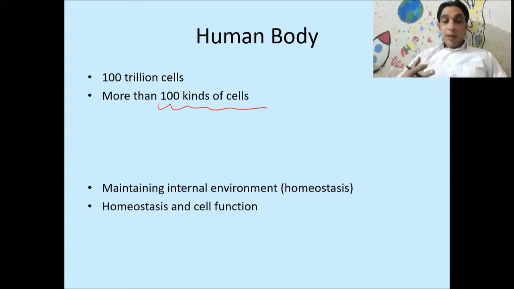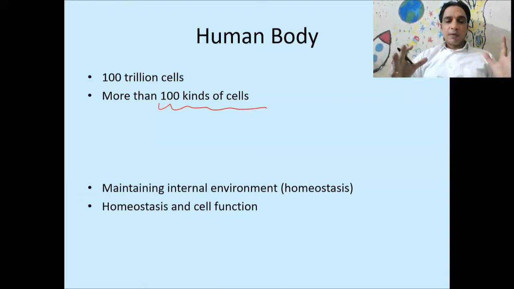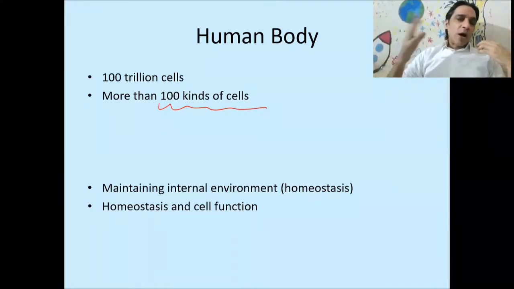A human being is only able to live if we somehow manage to make ourselves distinguishable from the environment. For example, where does a human being start, what is the boundary of the human being? Whatever is present within that boundary is what we call human, and whatever else is present outside the boundary is what we call the environment.